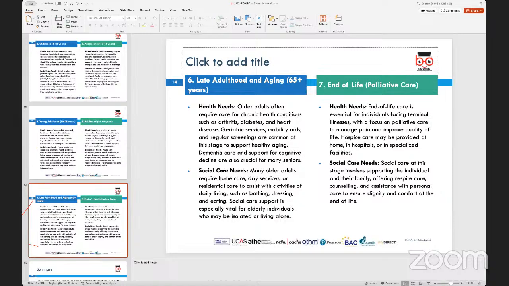So in this case, social care services essentially would look at how people would be living independently, for example, or would they need to be transferred to a care home, or would require social services to visit regularly to help them do their daily course.